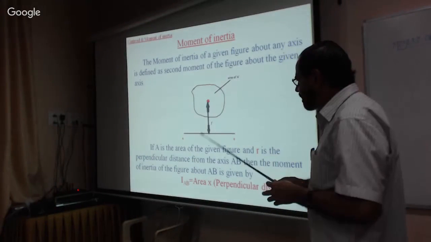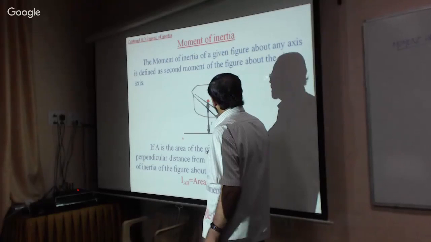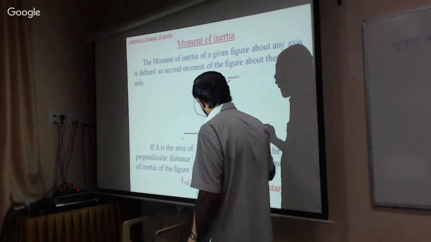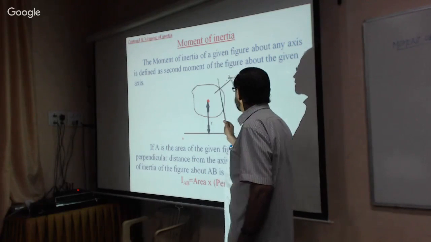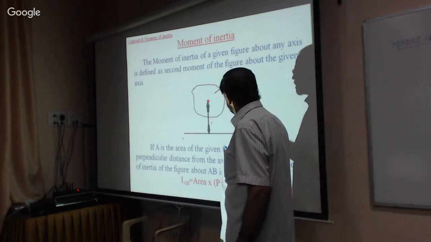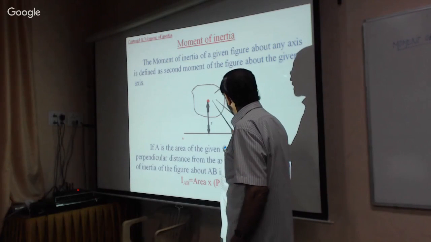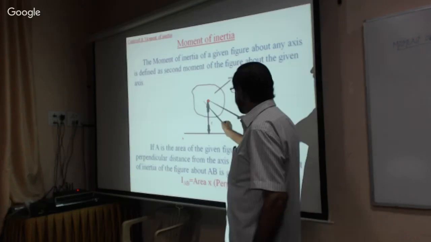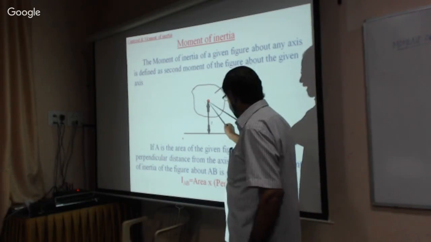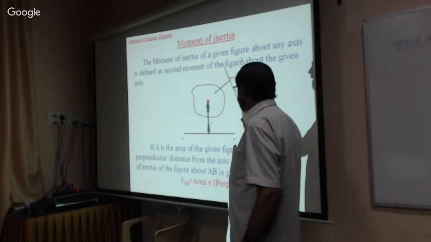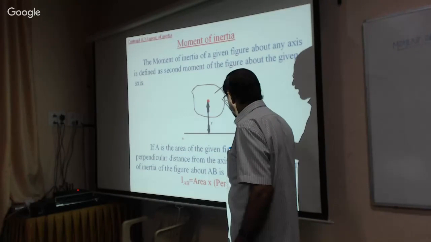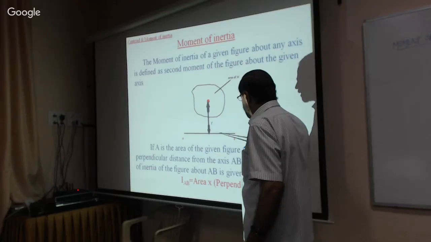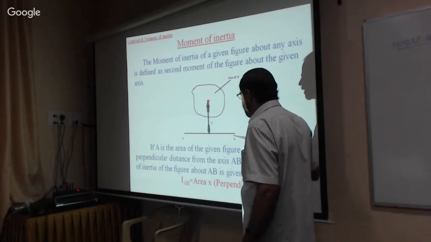Now first let us know the secondary moment. We are calling this the secondary moment. This is the plane figure. Now this is the area of the section, and this is the centroid. Now we are calculating the moment of inertia of this figure with respect to some reference axis.